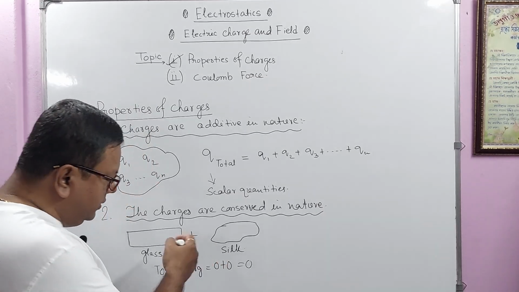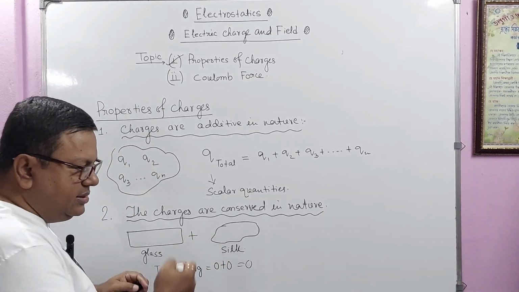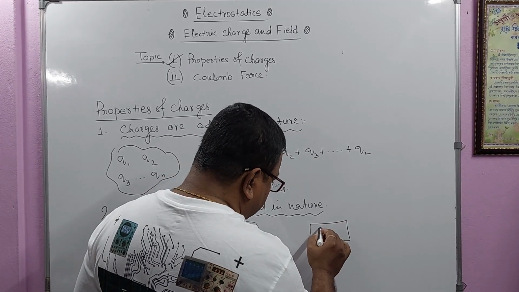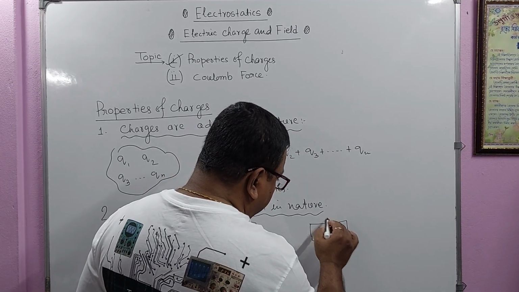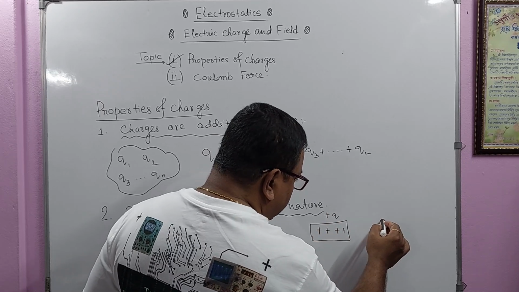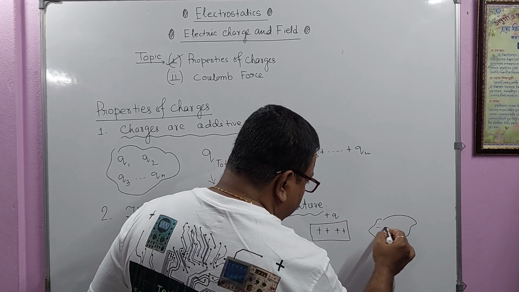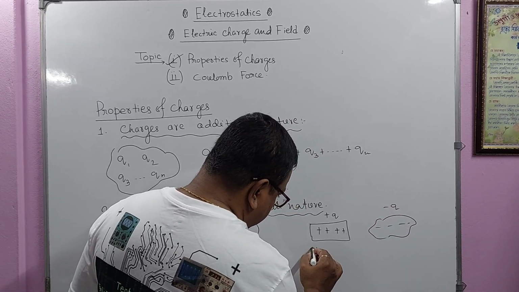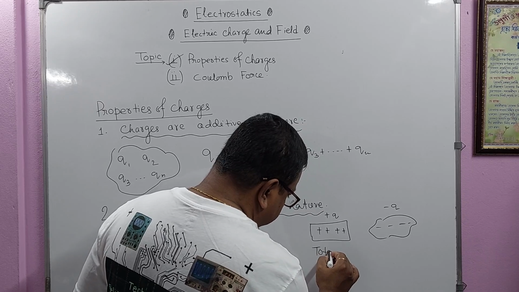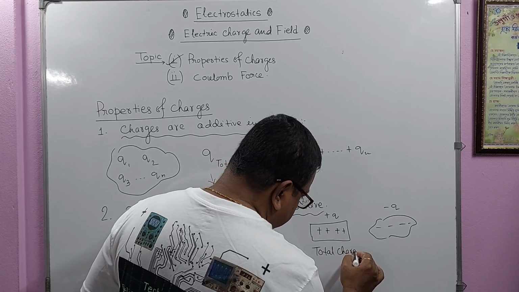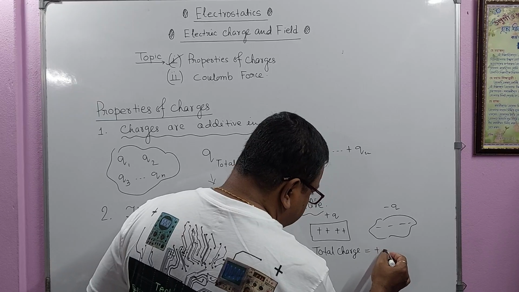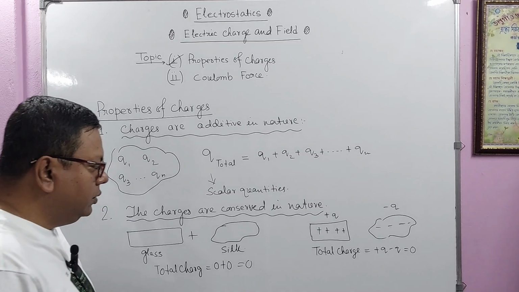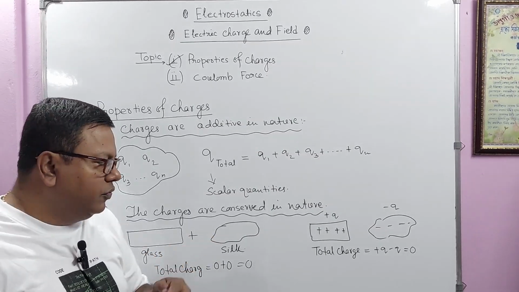Now if we rub these two, glass and silk, then suppose glass acquires positive charge plus Q and silk acquires negative charge minus Q. So total charge equals plus Q then minus Q, equal to 0. So it obeys the law of conservation.